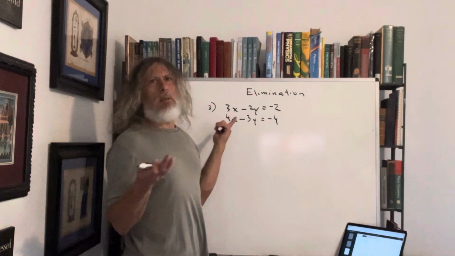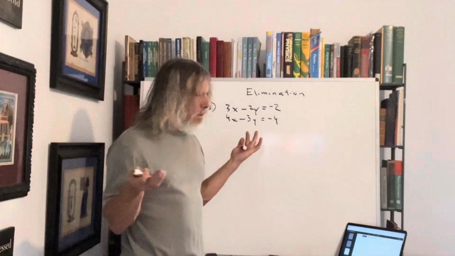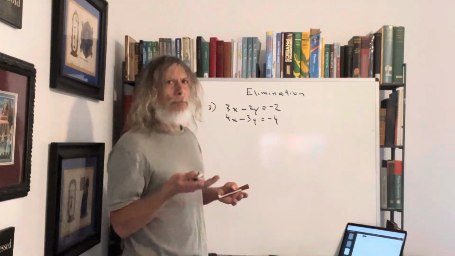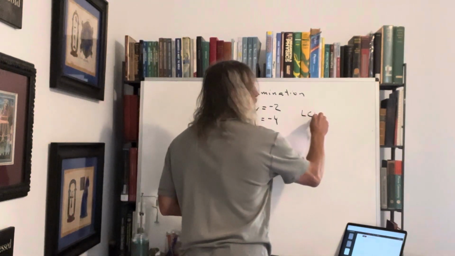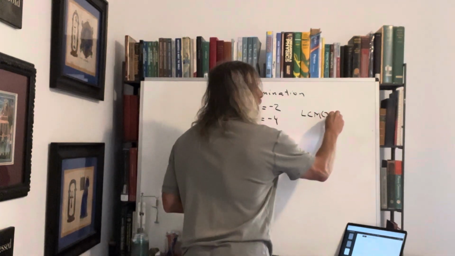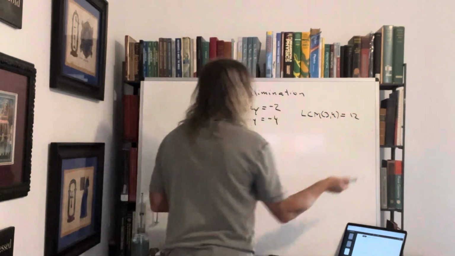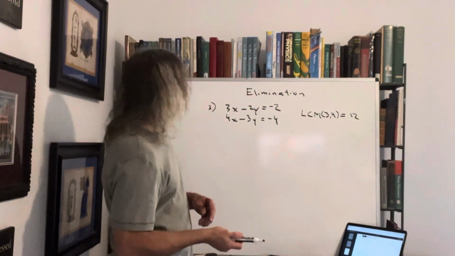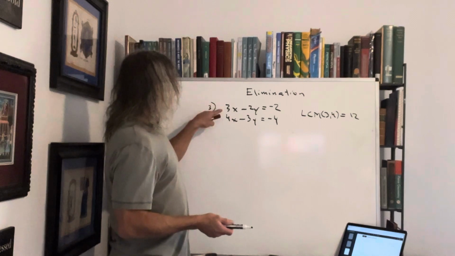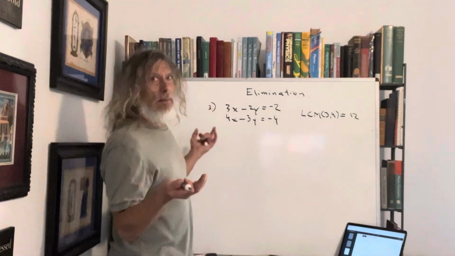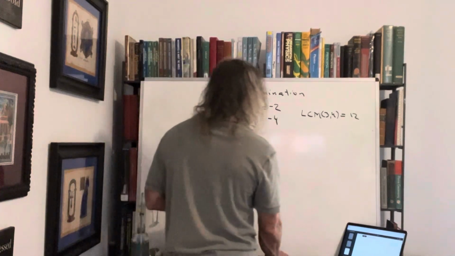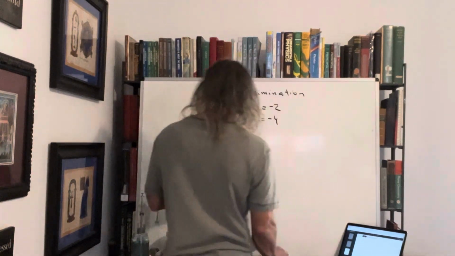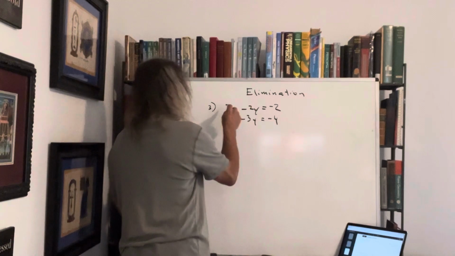So again, we need to make these equal but opposite, so we need the least common multiple of 3 and 4. So LCM of 3 and 4 is 12, as we've discussed. So to make this a 12, I have to multiply by 4. Multiply everything by 4.